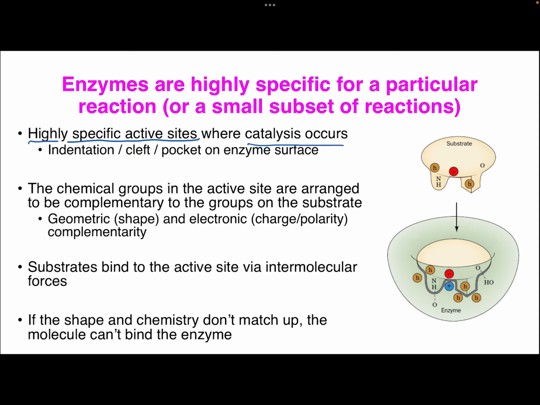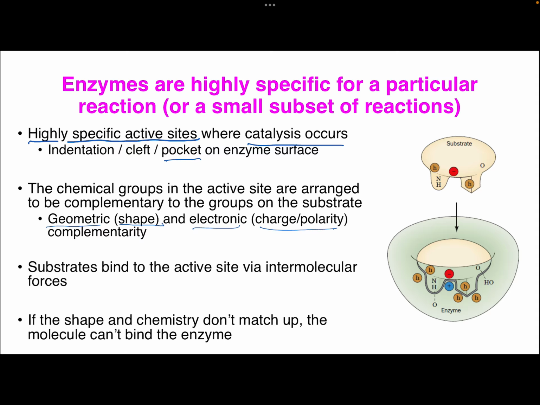So these are typically some sort of pocket on the enzyme surface. And what makes these so unique is that the chemical groups in the active site are arranged to be complementary to the groups on the substrate in shape. So that's this geometric piece. And also in charge and polarity. So that's this electronic piece.